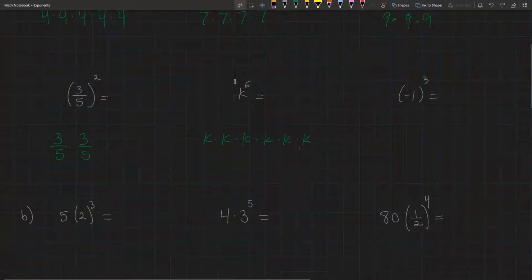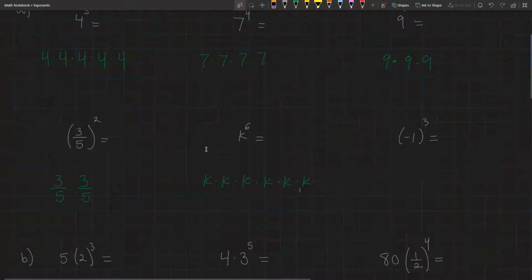There we go. These two are equivalent, just like these two are equivalent. And notice that sometimes it's very specific with parentheses what is being squared or what is being raised to the power of 3. In this case, it was not just the 3 or not just the 5. It was both of them, both of the numbers inside the fraction. Therefore, the parentheses are required to indicate that.